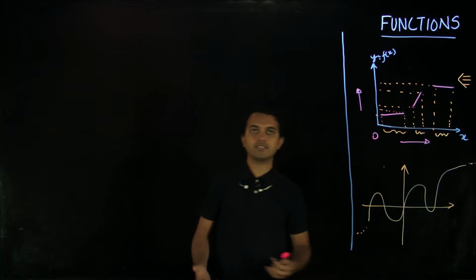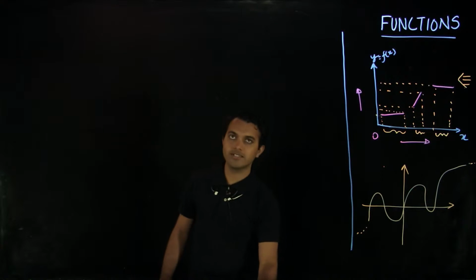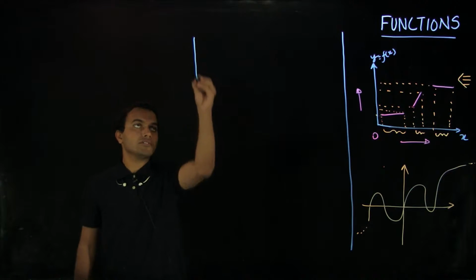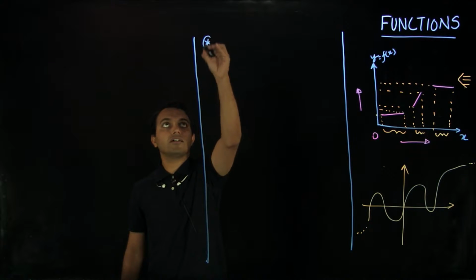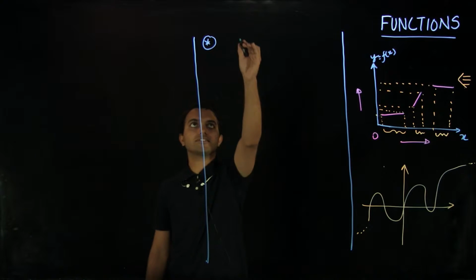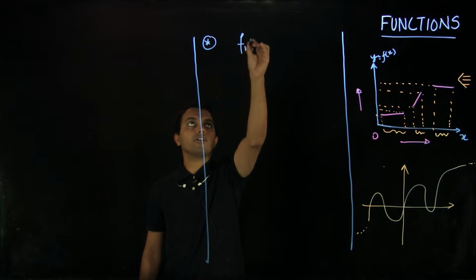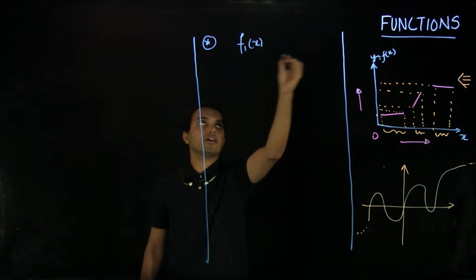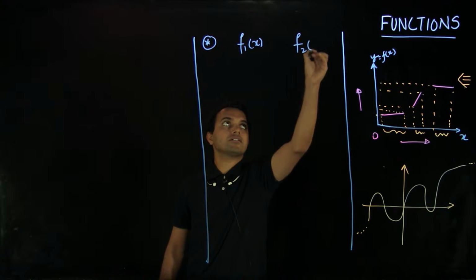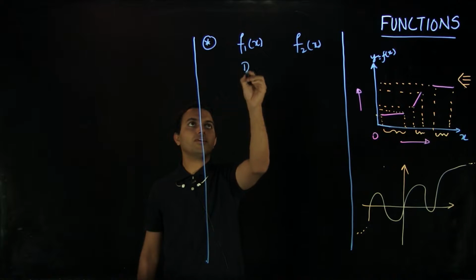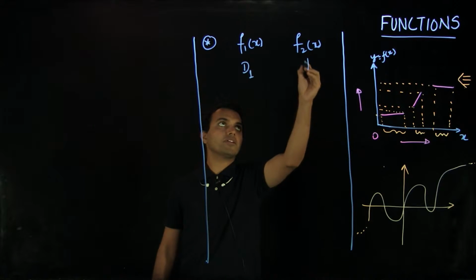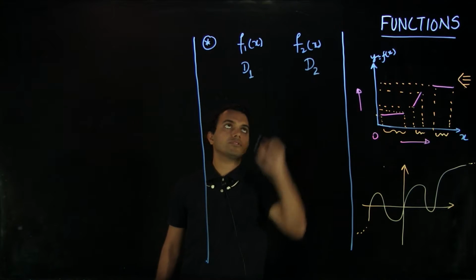So oftentimes functions needn't be defined completely. So this is a very important problem. Let's say you have two functions, f1 of x and f2 of x, and you know the domain of f1 of x is D1 and the domain of f2 of x is D2.